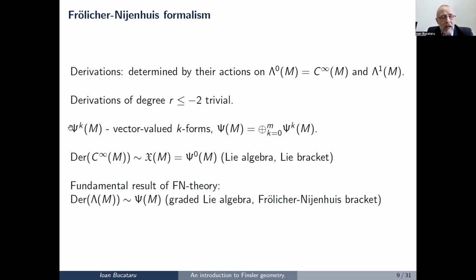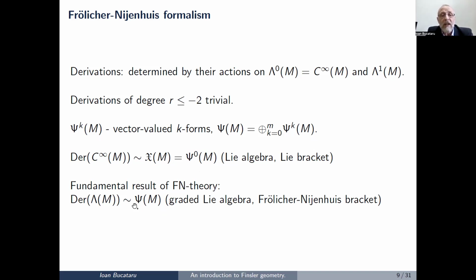I have denoted here by Psi k of M the set of vector-valued k-forms. These are maps that take k vectors into a vector field, and are skew-symmetric. Again, I recalled here that derivations on the set of functions can be identified with vector fields, which are vector-valued zero-forms.